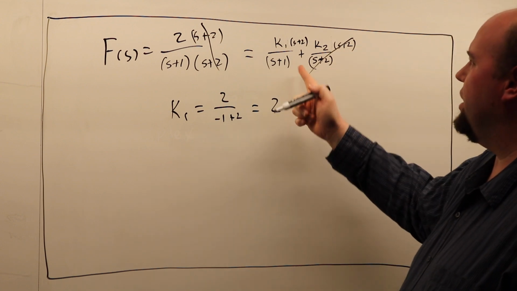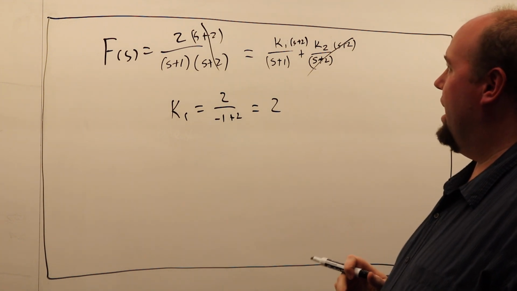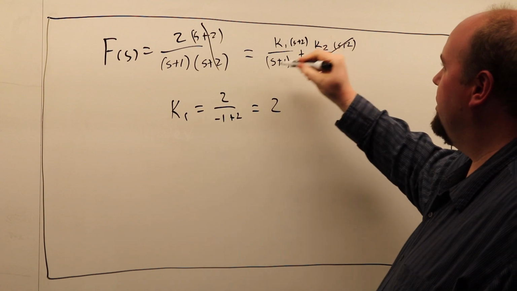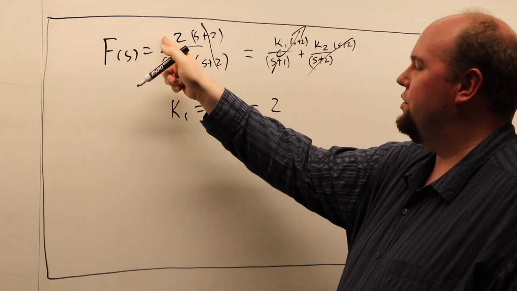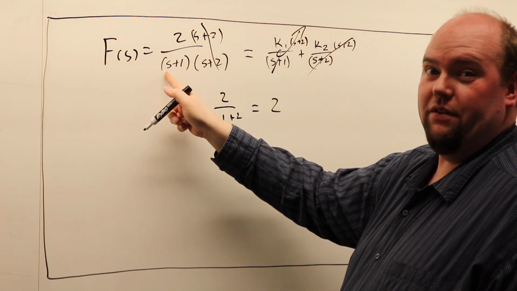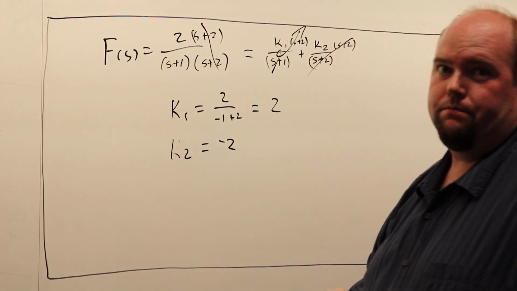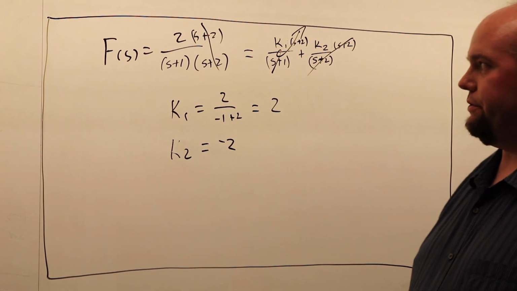Now we have to choose a value of s to get rid of this k1 term, so we get to pick s equal to -2 in this case. So if s is equal to -2, this term goes to 0. And then over here we have 2 divided by -2 plus 1, that's going to be 2 divided by -1. So we have k2 equals -2. So that is the process we go through for partial fraction expansion with real and distinct roots.